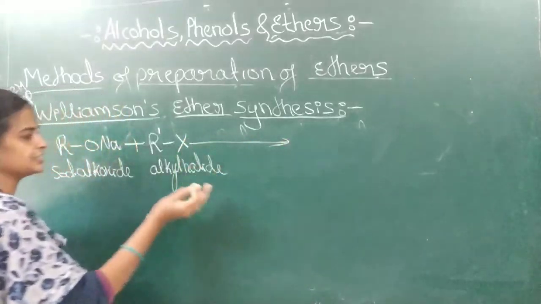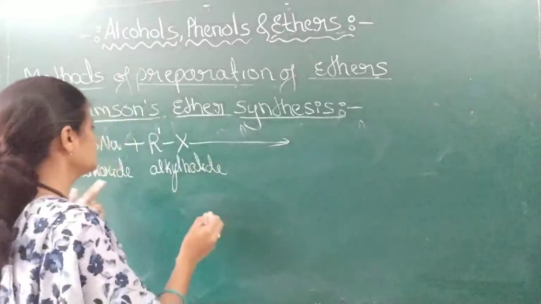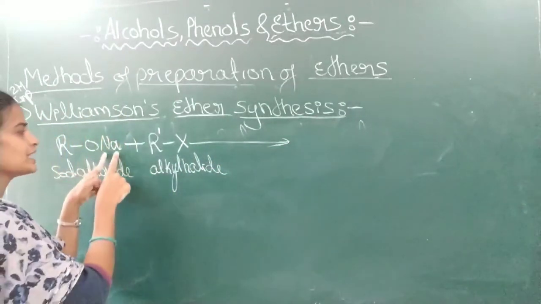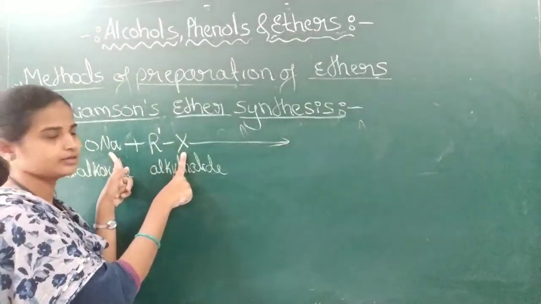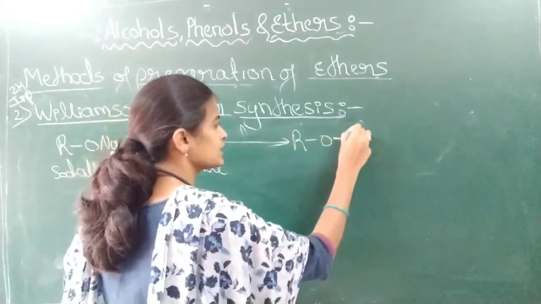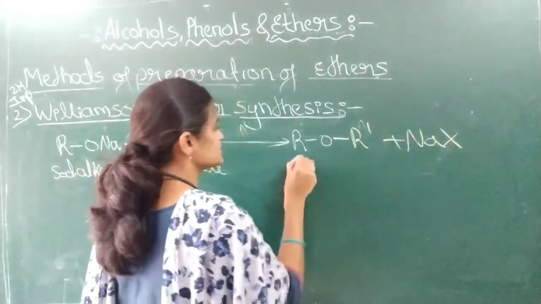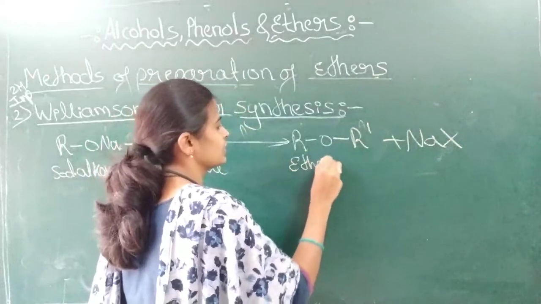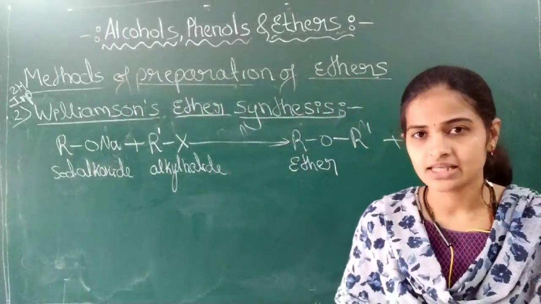When the mixture of these two is heated, what happens? Elimination of what takes place here? Sodium salt, where X is a halide. Elimination of the sodium salt takes place by forming the ether. The side product is NaX. This is the ether.